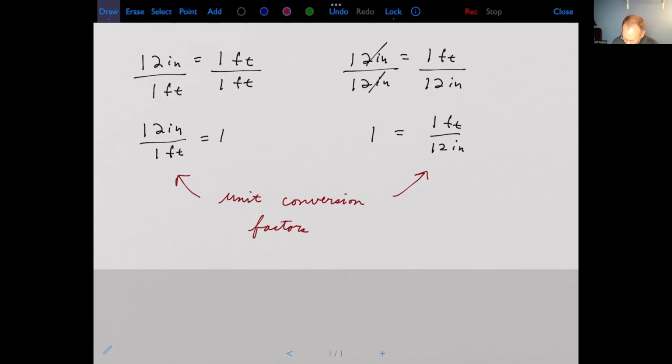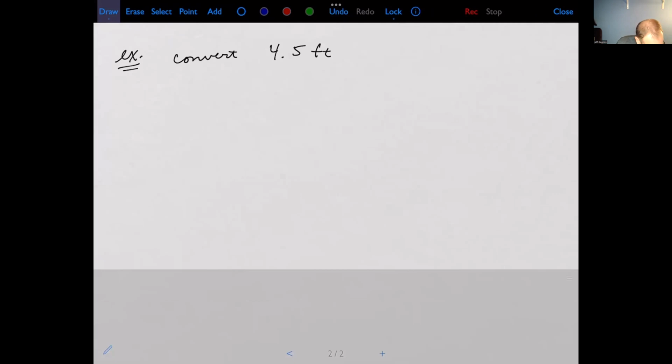Okay, so we can use these to convert from one set of units to another set of units. So let me give you an example. Let's say I want to convert 4.5 feet to inches. So I start with 4.5 feet, and I want my result ultimately to be in inches.